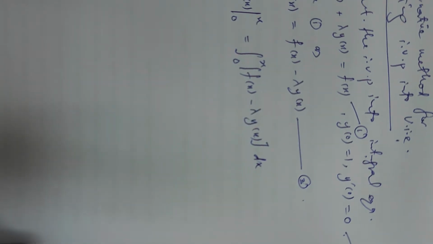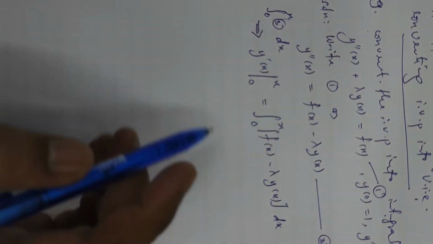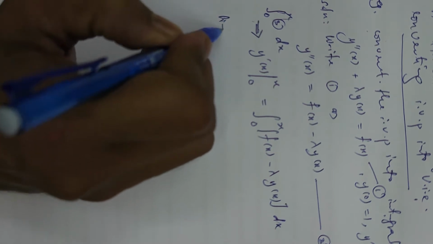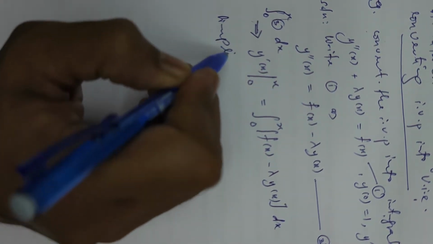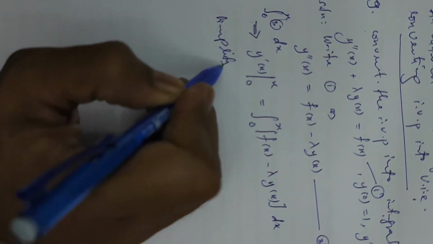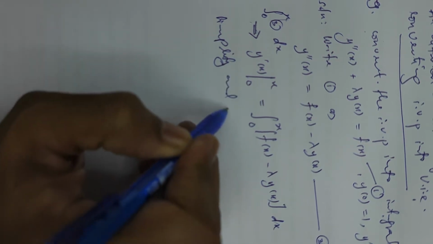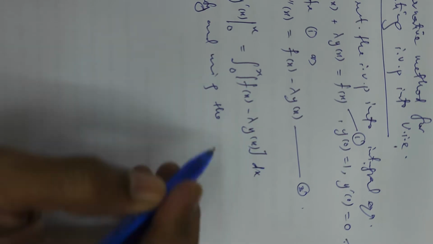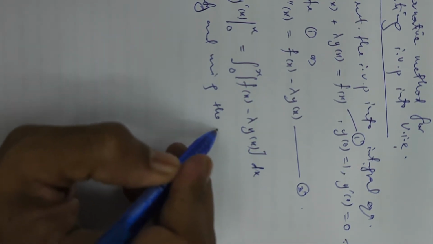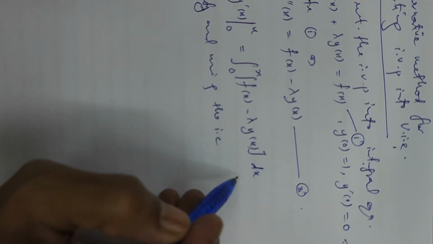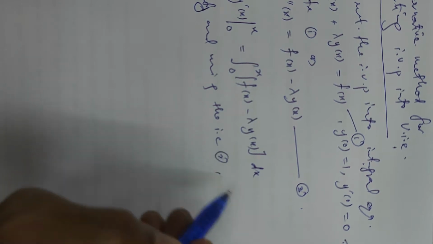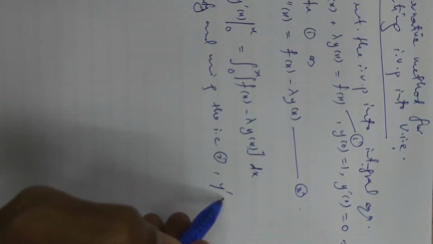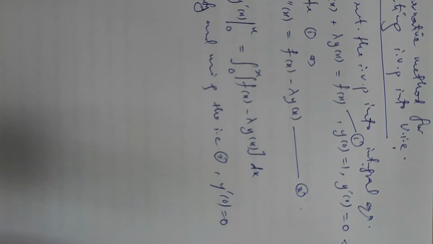So we simplify and use the initial condition 2, which is y prime 0 is equal to 0.